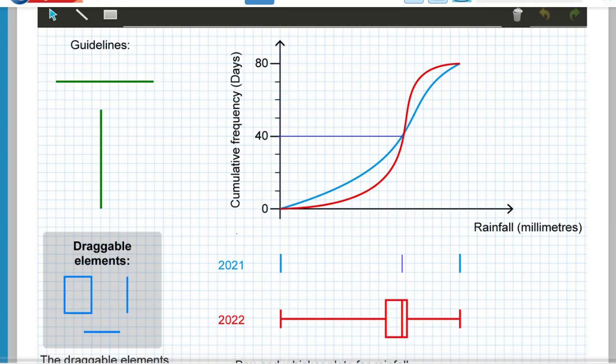I'm just revising: this represents the upper quartile, this line represents the median, and this line represents the lower quartile. We can also solve it like this. Yep, exactly on the dot.